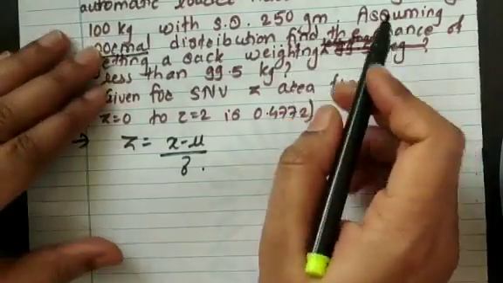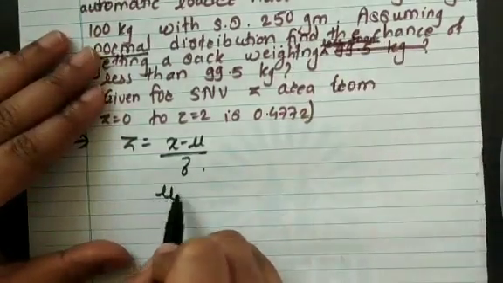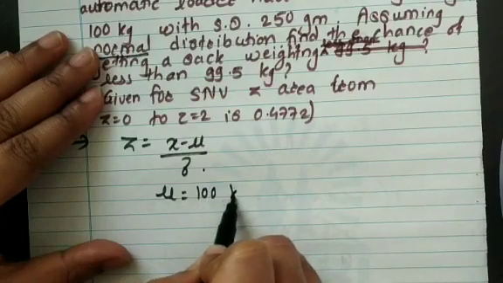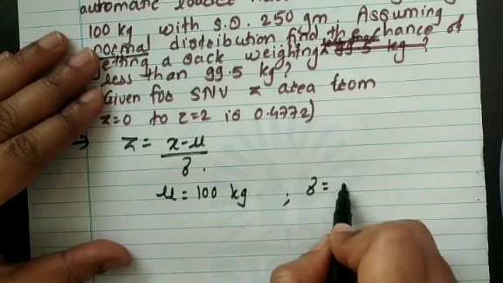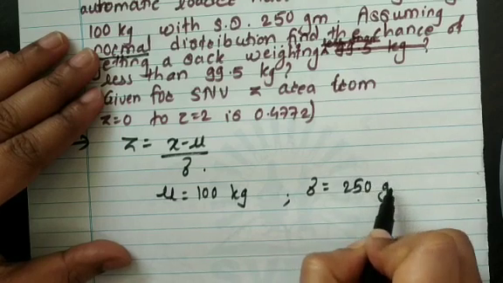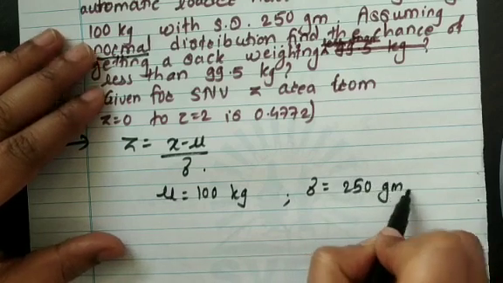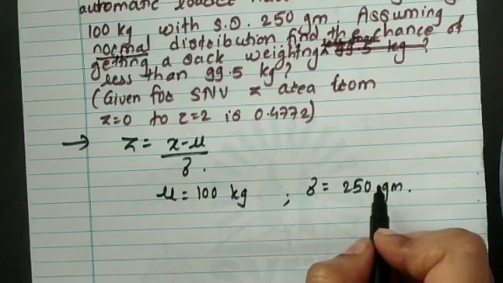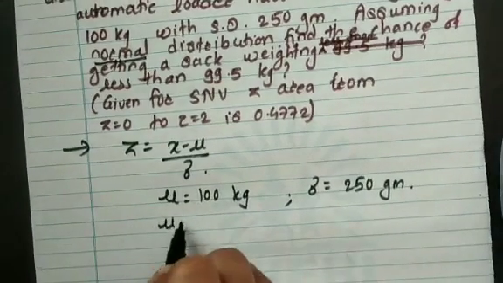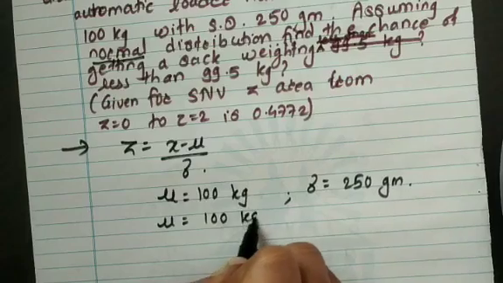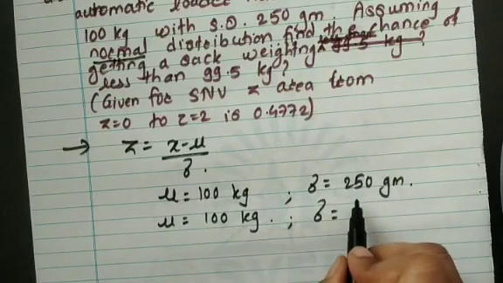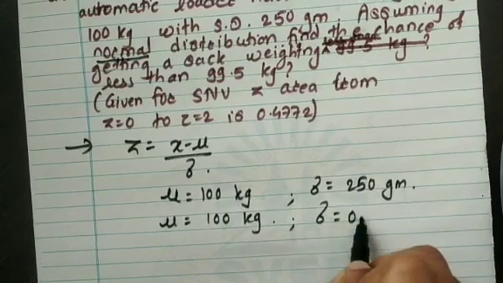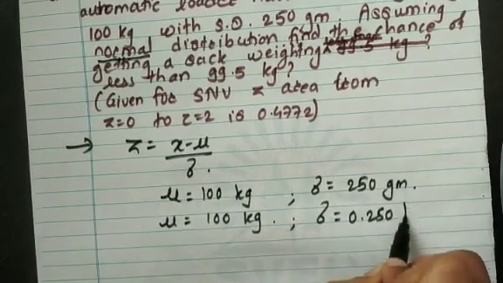Z is x minus mu upon sigma. And the average mu is 100 kg and the standard deviation sigma is 250 grams. That is, if mu is in kilograms, 100 kilograms, we have to convert sigma also into kilograms, that is, we'll divide it by 1000 and we'll get 0.250 kilograms.